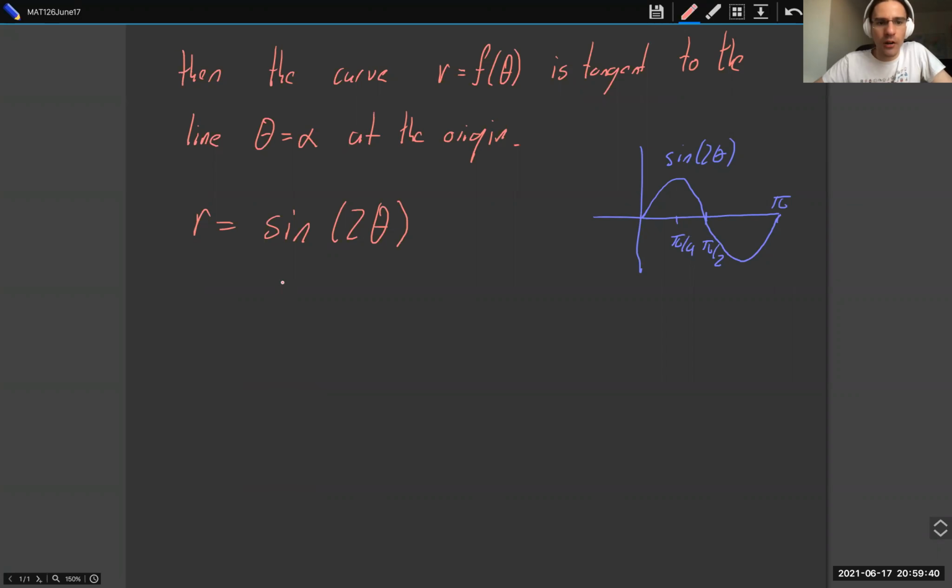So let's draw this plot now. It's 0 at 0, and it's 0 at pi over 2, right? So let's plot this for theta, for 0 less than or equal to theta less than or equal to pi over 2.